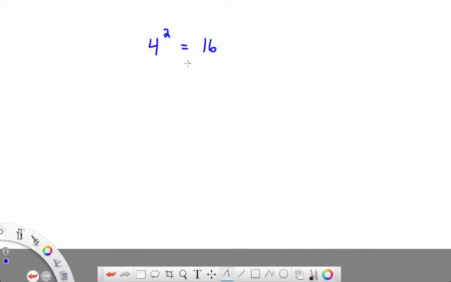is an equation involving an exponent. And I'm actually going to break this into different pieces. Let's say the 4 is blue, and this is called the base. The exponent is green, and this is, as I said, the exponent.